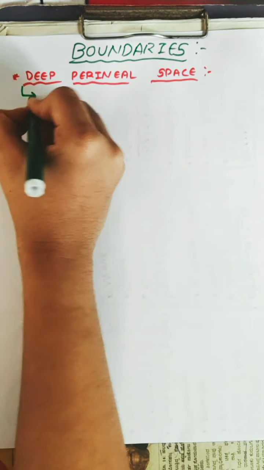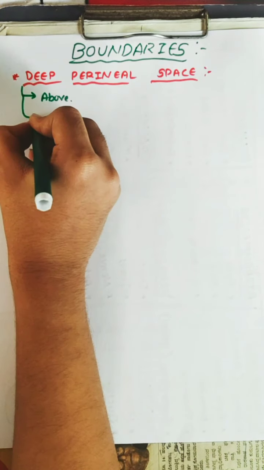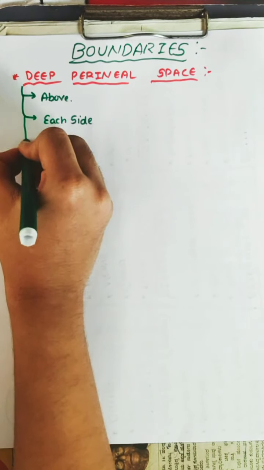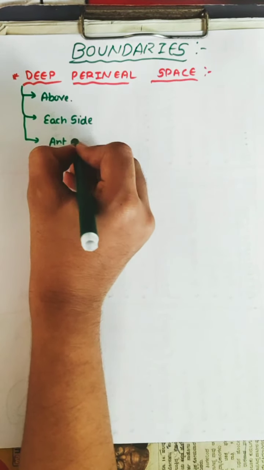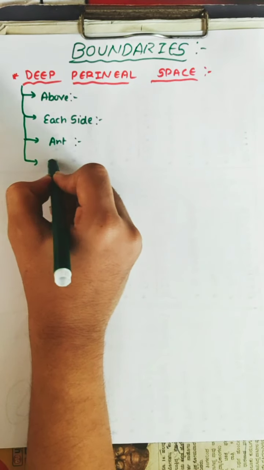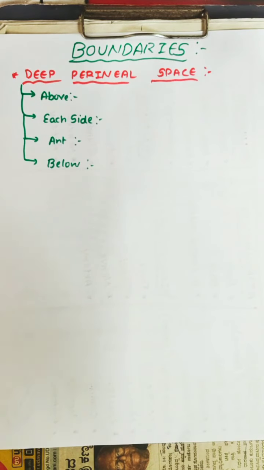So look at this. First the structure passing above, the structure passing on each side, the structure passing to its anterior, as well as the structure passing below it. Okay, so we'll see all these structures.